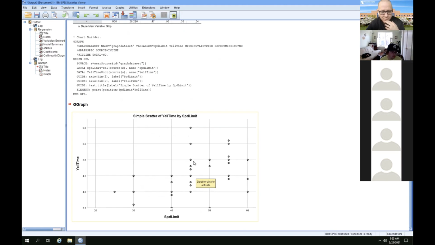Generally speaking, we have longer yellow times for higher speed limits, but there's quite a bit of variability from site to site, okay?